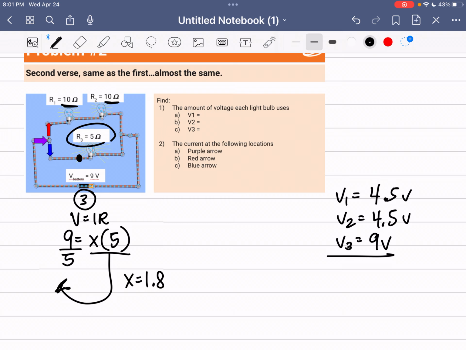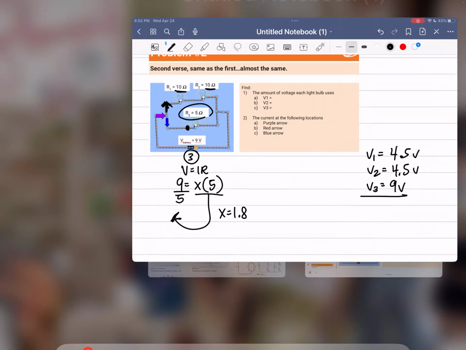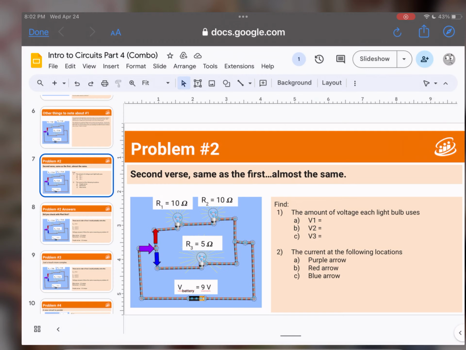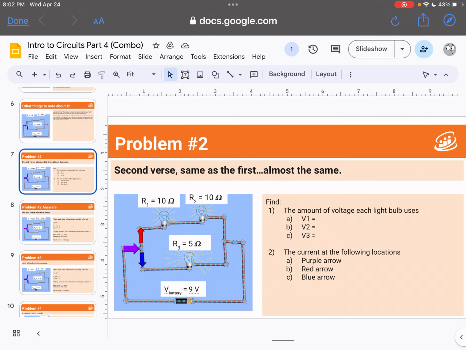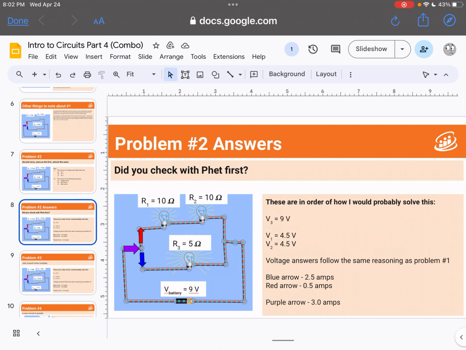Okay, let's do the red arrow. So here, let me just check. Okay.